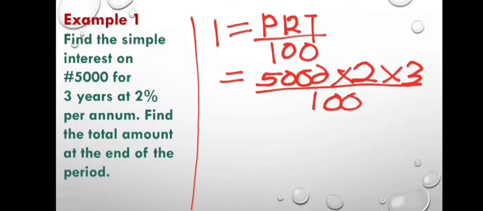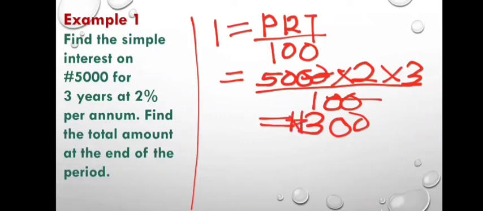So the next thing is to cancel out the zeros, cancel the 2 zeros here, as you can see. Then we have 50 times 2 times 3 left. And 50 times 2 times 3 gives us 300 naira. That is the interest.